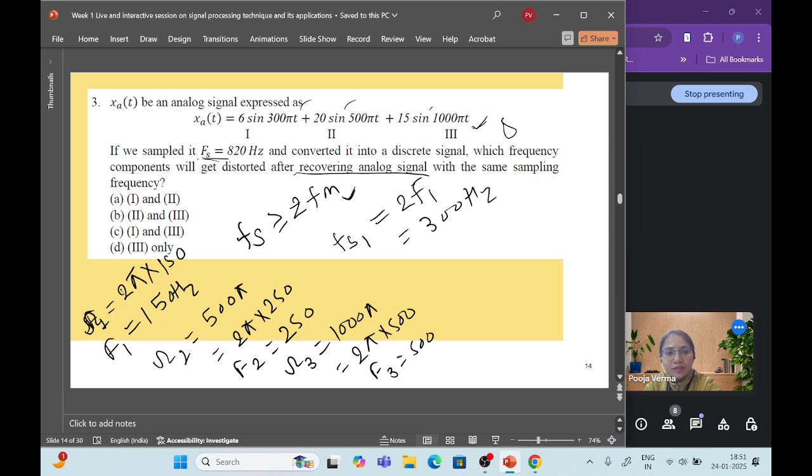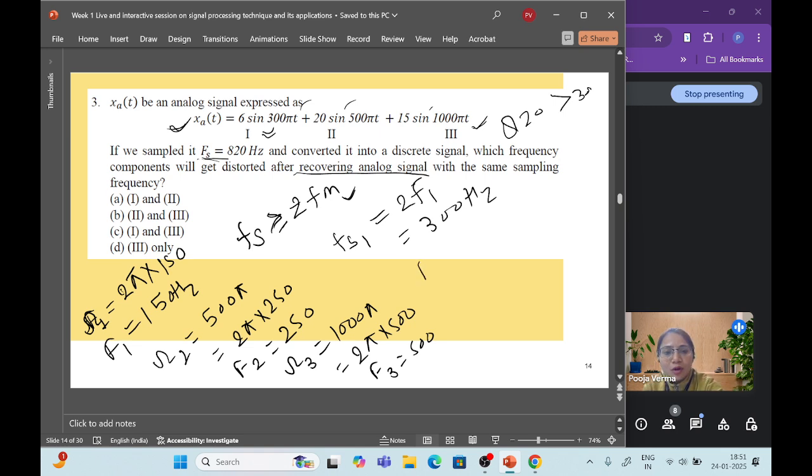So 820 hertz is greater than 300 hertz. That means this frequency component will not get distorted, because the sampling frequency is greater.